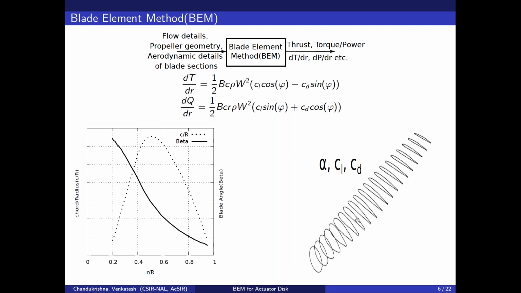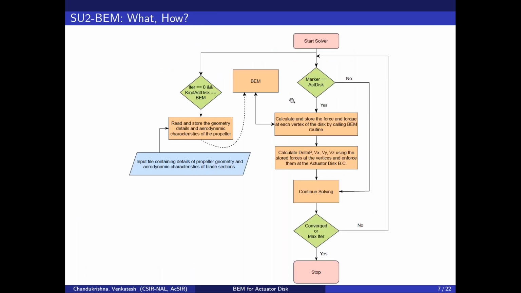And we should have the prior information of alpha versus CL and CD for each airfoil in this section. We have to give the data of this radial variation of chord and blade angle, and also this alpha, CL and CD variation with alpha as an input to the blade element method, such that we can get the thrust and torque using these equations shown.